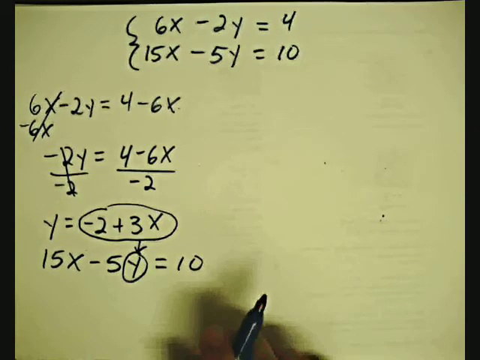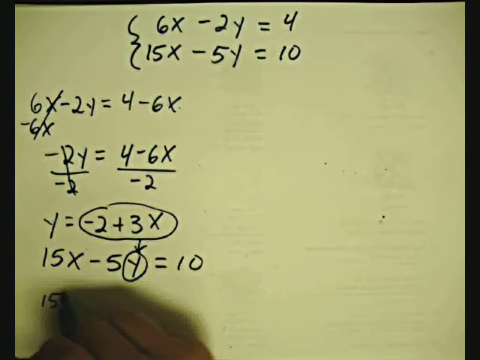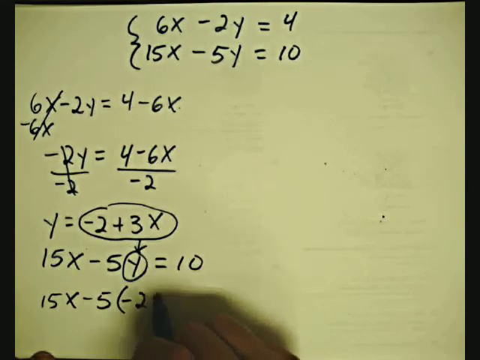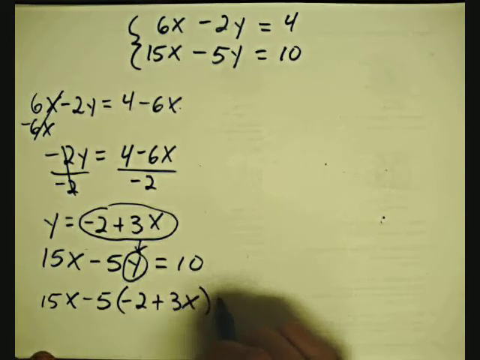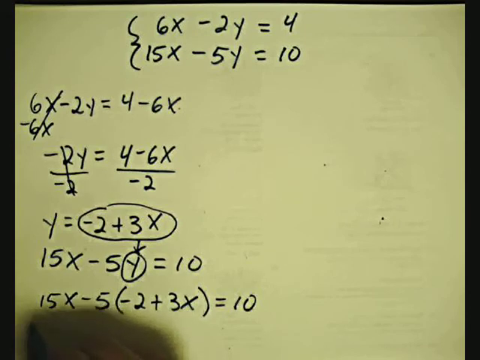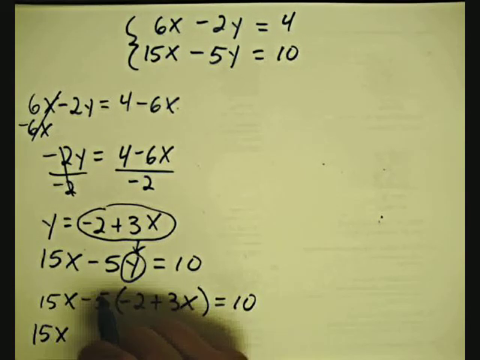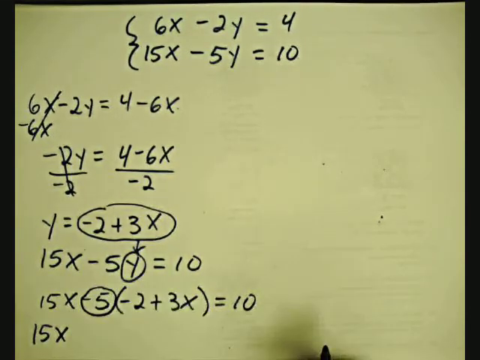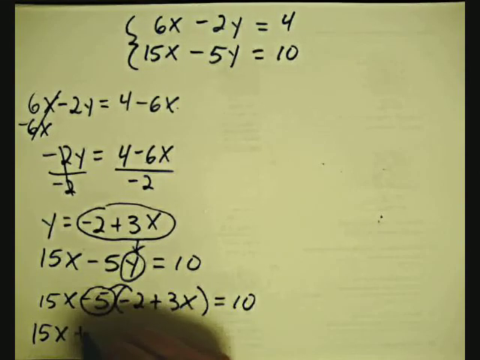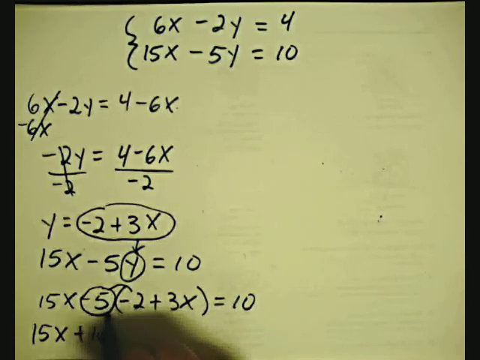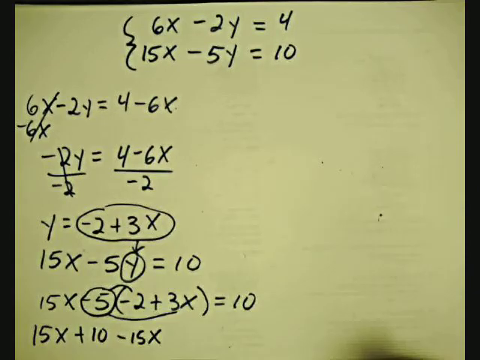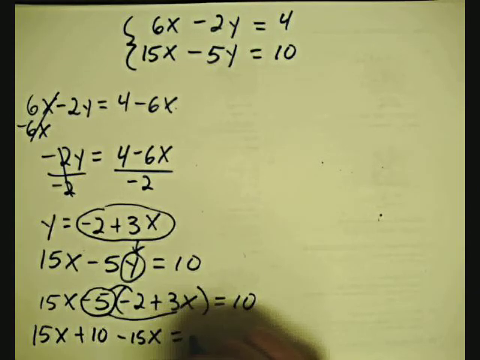And so that will give us an equation of 15x minus 5 times (negative 2 plus 3x) equals 10. If we use the distributive property, we'll have 15x. Be careful to make sure you distribute the minus sign with the 5. Negative 5 times negative 2 is positive 10. Negative 5 times 3x is minus 15x equals 10.